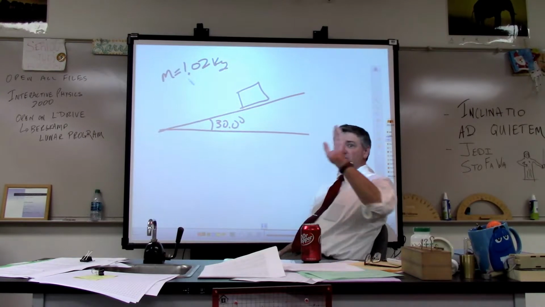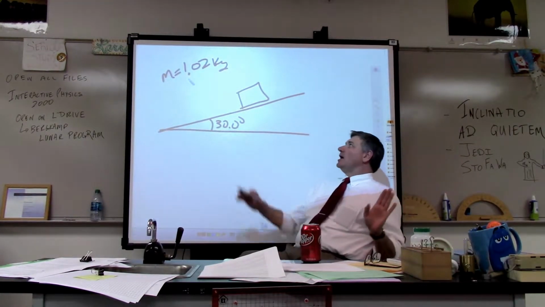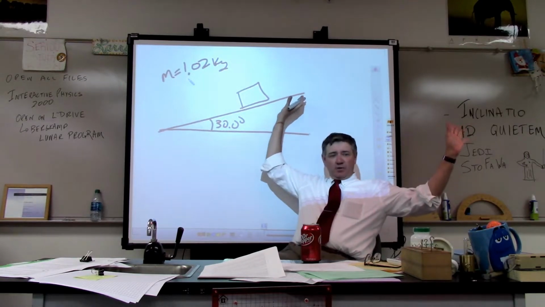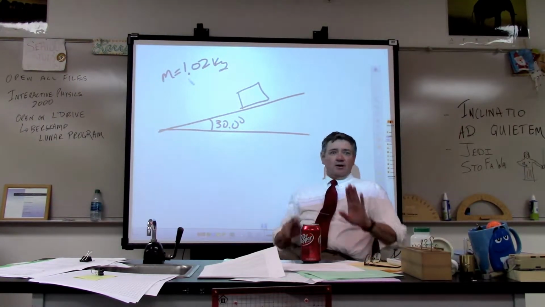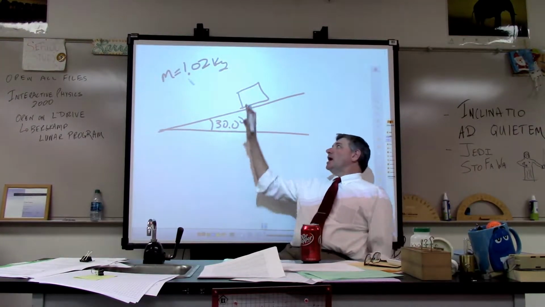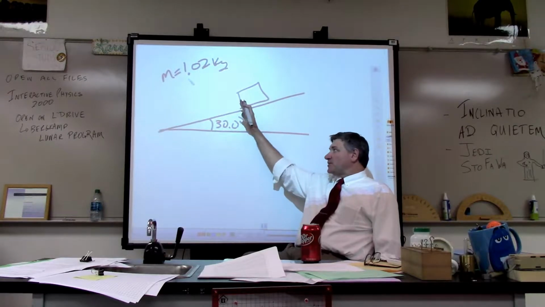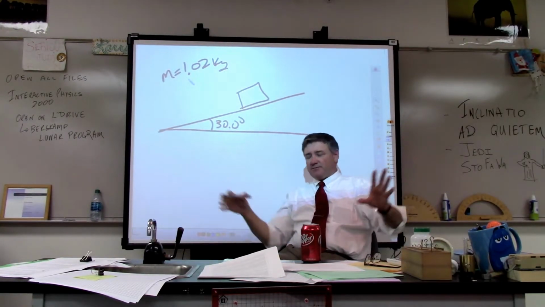I've got a 1.02 kilogram mass resting on a completely frictionless surface, and I'm just going to let go of it. What I want to know is what's the acceleration of the system. There's no friction, there's no squirrels, there's nothing. I'm just going to take this mass, put it at a 30-degree angle, let go of it, and I want to know the acceleration.